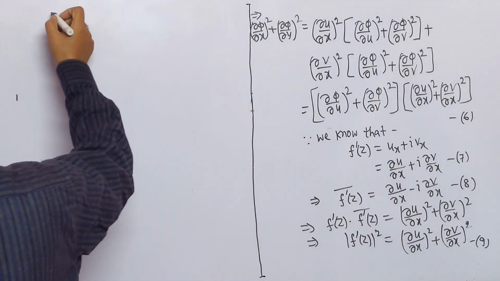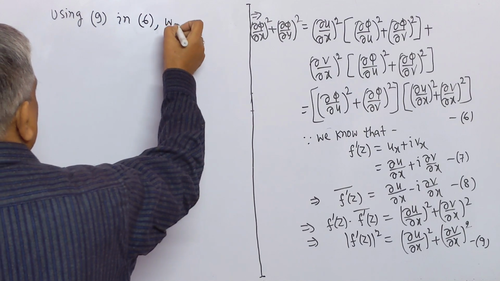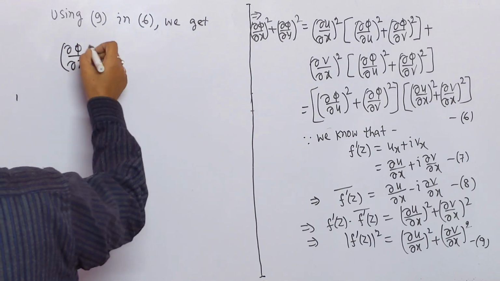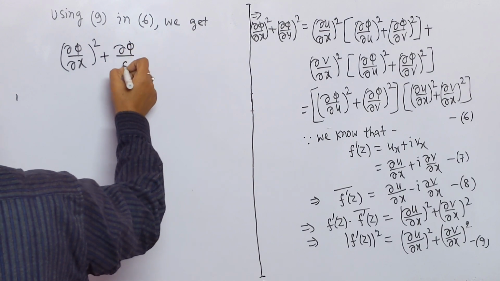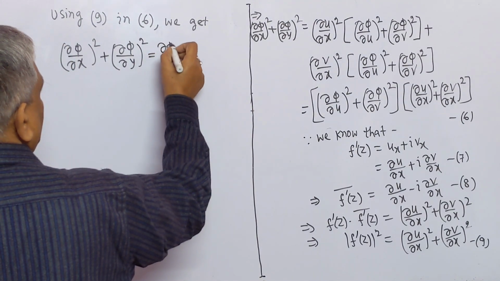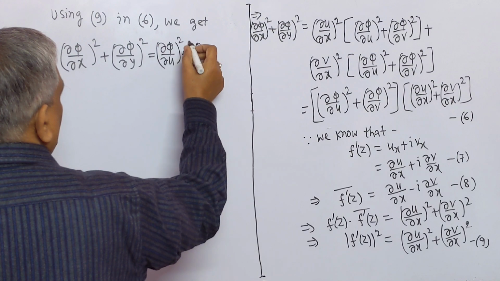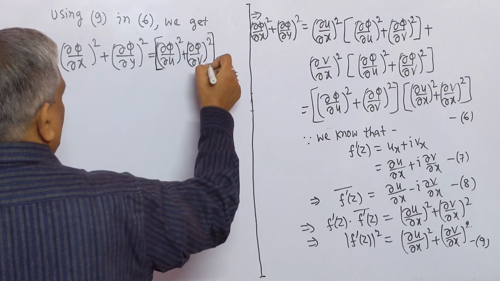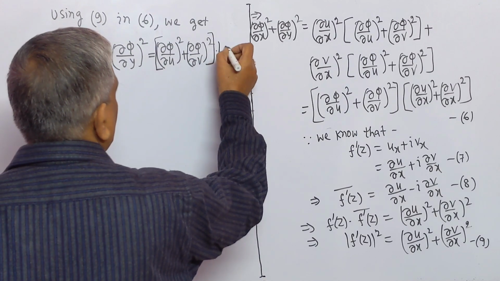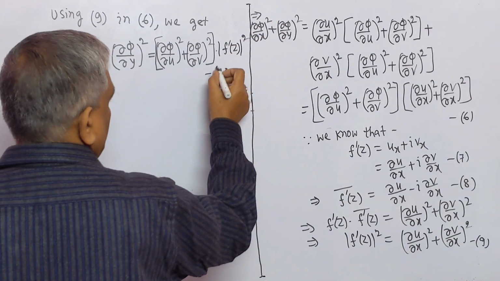Using 9 in 6, we get del phi by del x whole square plus del phi by del y whole square equal to del phi by del u whole square plus del phi by del v whole square, multiply the value of this, which is modulus of f prime z whole square. This is number 10. Proved.